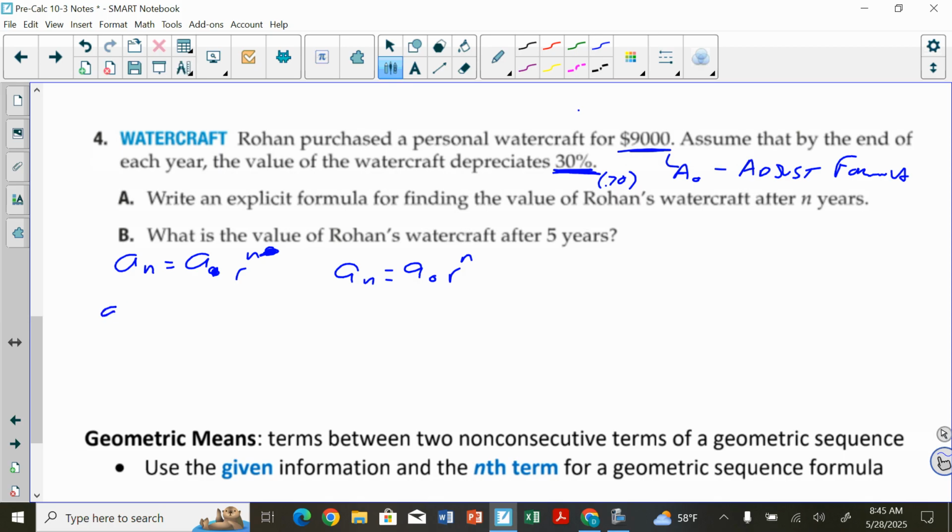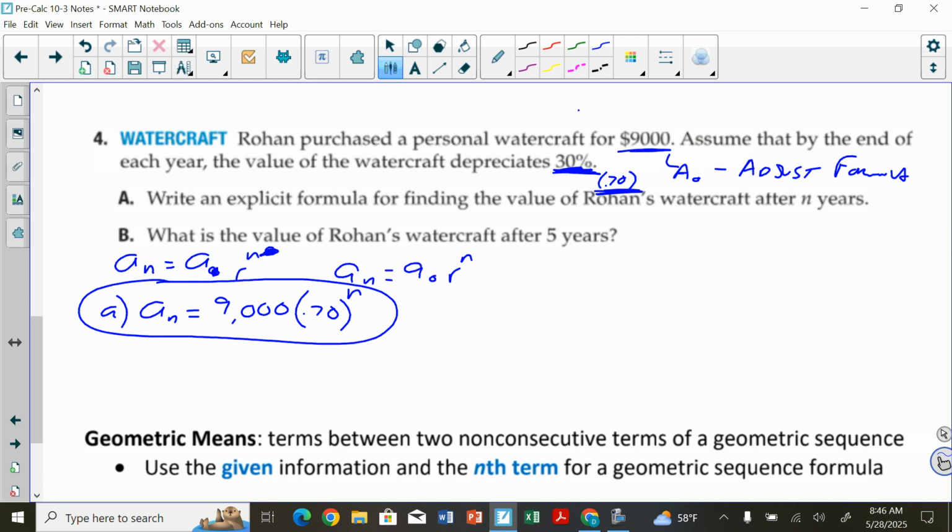Okay? So for part A, my A sub n is what I'm trying to find. My initial value is $9,000. My R value, we talked about that, 0.70, because if it's going down by 30%, that means it's worth 70% of what it was originally, to the n power. Okay? That's the equation for the first one.